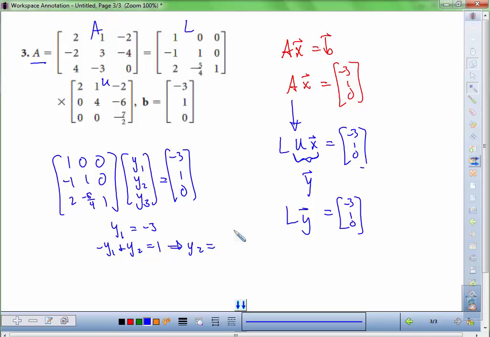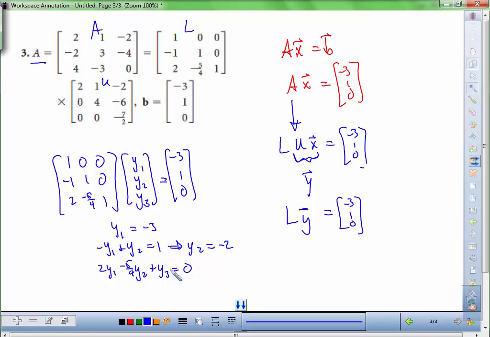Minus 2? Yeah. And then we have 2y1 minus 5/4 y2 plus y3, and that's supposed to equal 0.